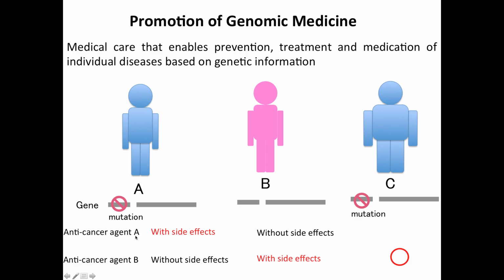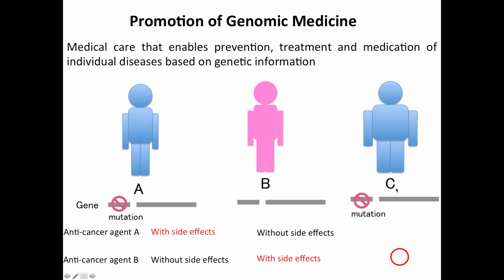But if person A gets anti-cancer agent B, there is not any side effect, very effective for person A. It means that anti-cancer agent B is very useful for Mr. A, and the genomic sequence is different for B. In the case of person B, if person B gets anti-cancer agent B, there is a heavy side effect, quite a different effect between person A and B. It might depend on the difference of genotype.